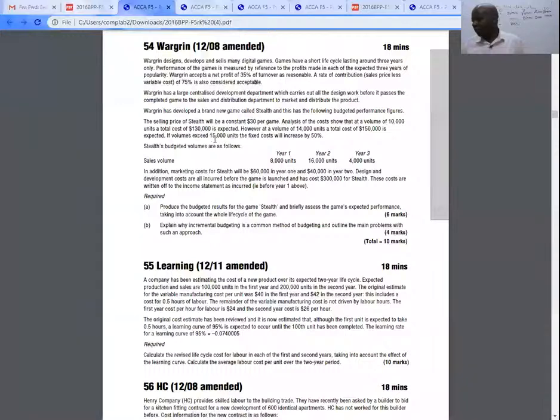If volumes exceed 15,000 units, the fixed cost will have to increase by 50%. Only year 2 has a volume above 15,000, so year 2's fixed cost will be 80,000 times 1.5. That is how Teresa got 120,000.